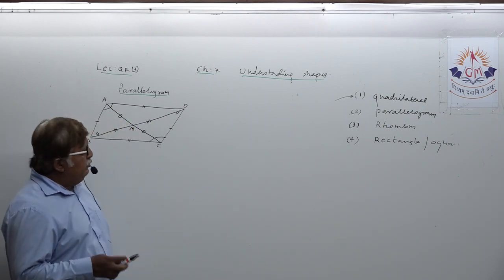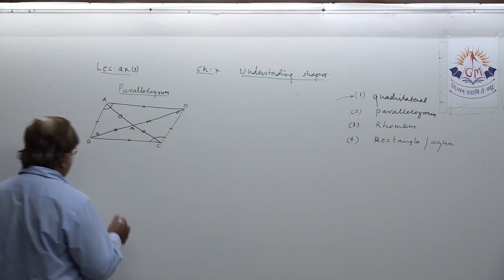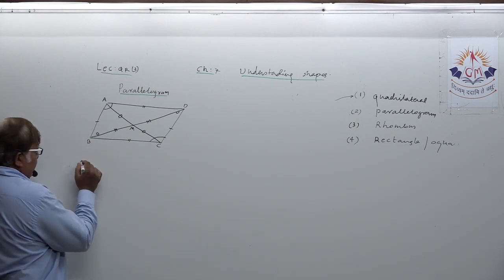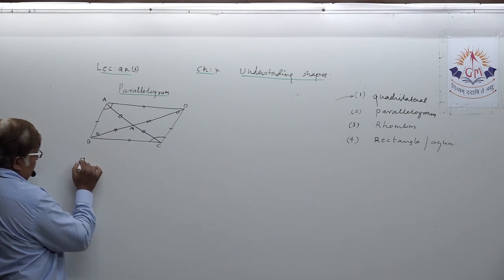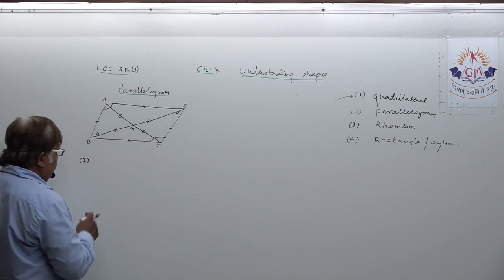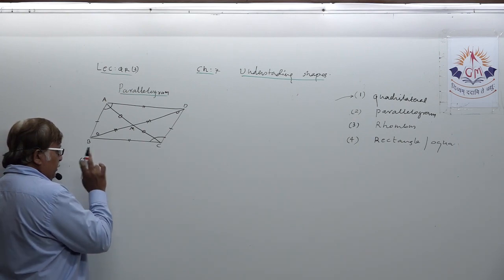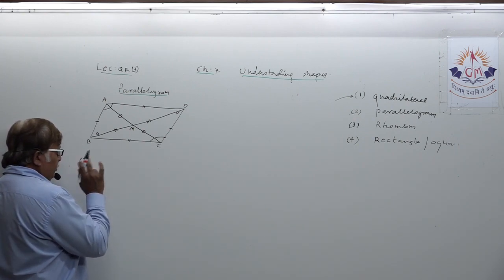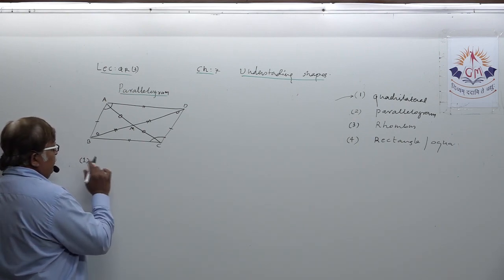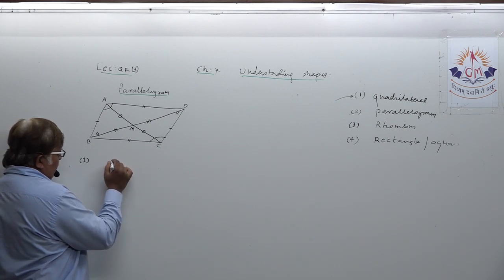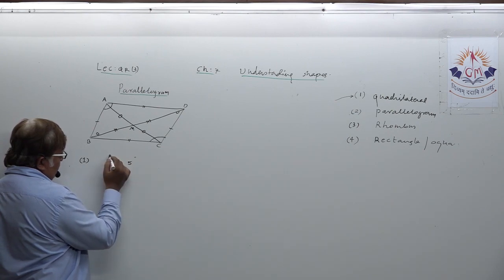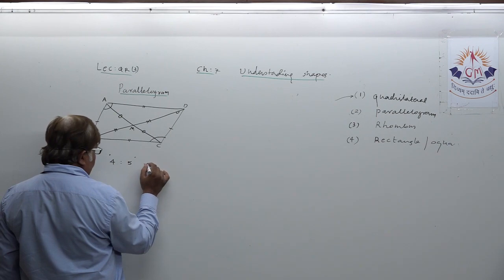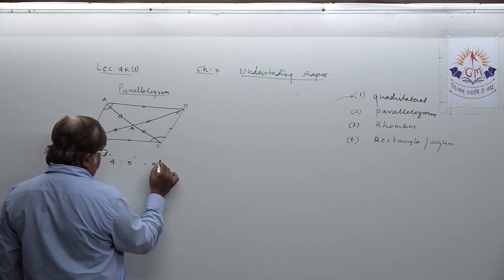Okay, suppose we take one simple example regarding angles. It has been given, suppose, two adjacent angles of a parallelogram are in proportion 4:5. This is the given ratio of adjacent angles.